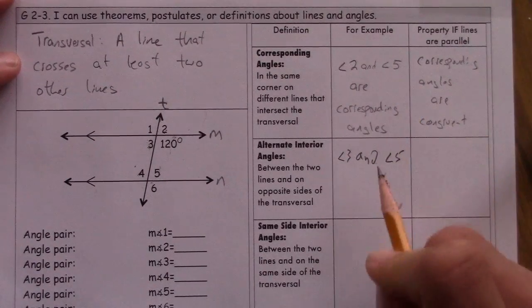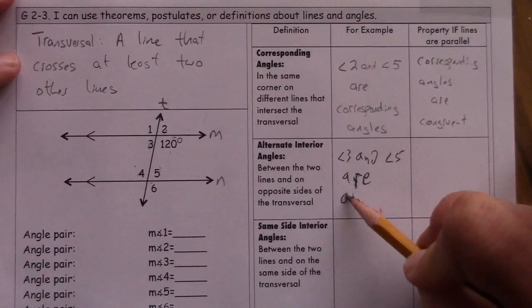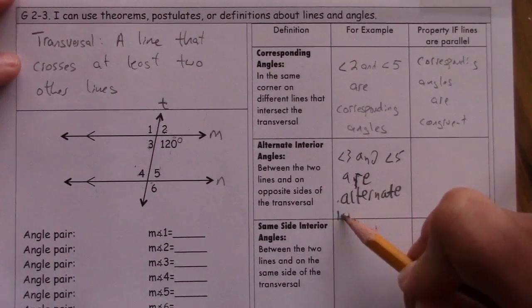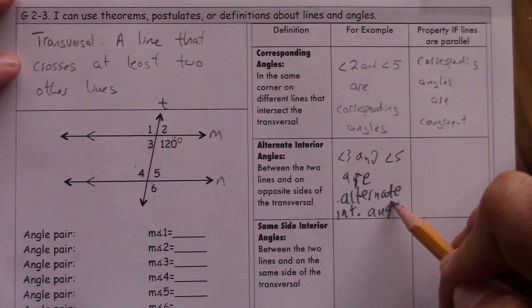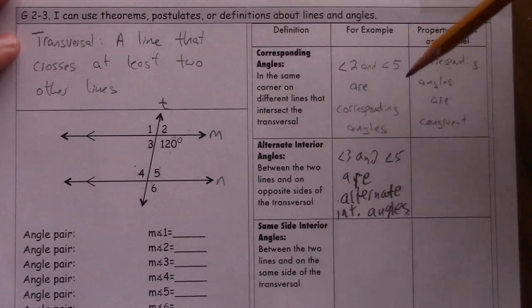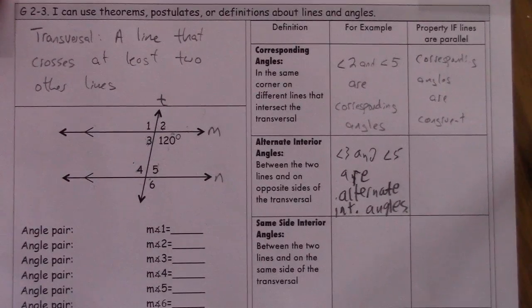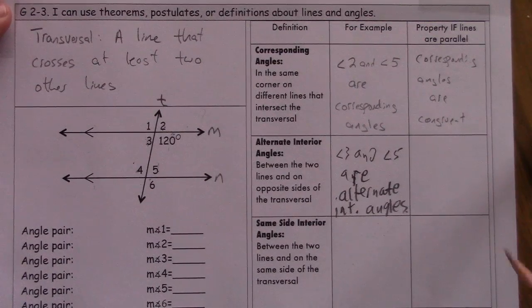Angle 3 and 5 are alternate interior angles. So 5 is used twice, but that's okay. It's got another relationship going on there. I'm just eyeballing this, and it appears that angle 3 and angle 5 are congruent.